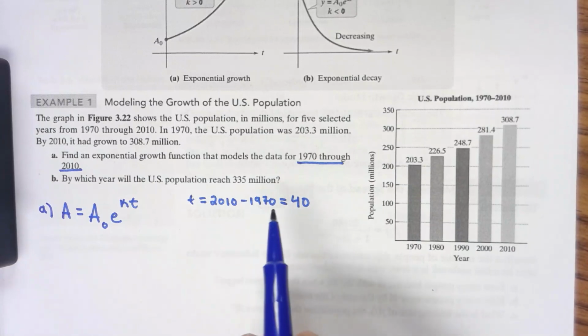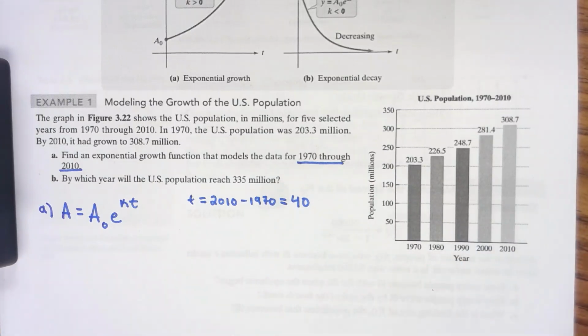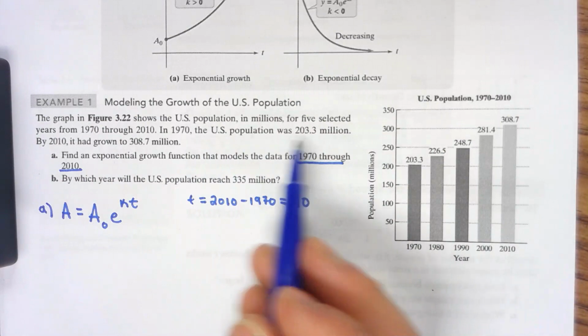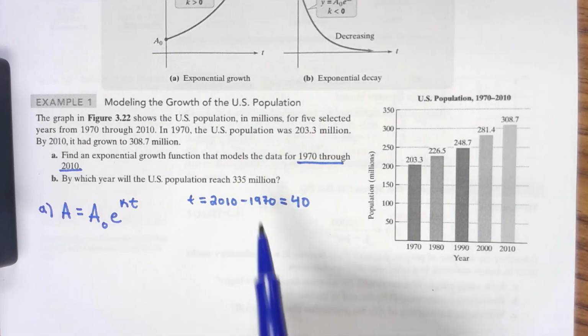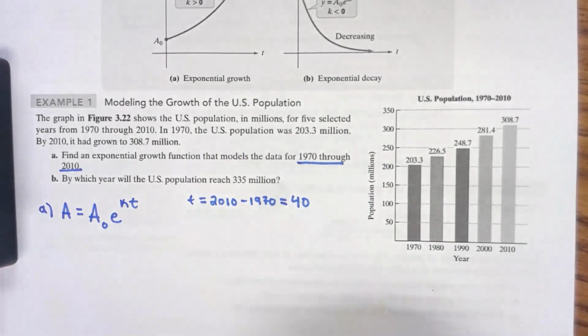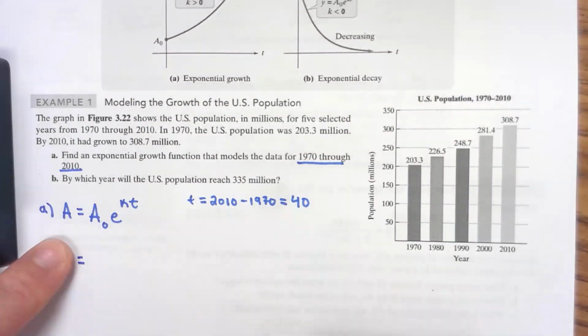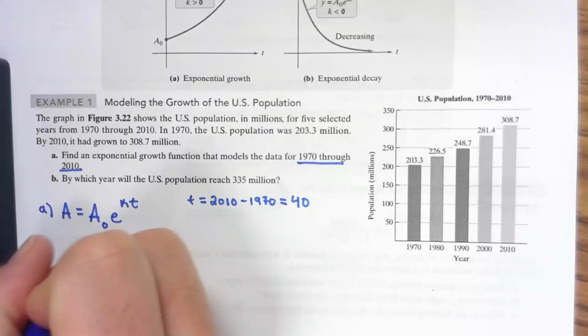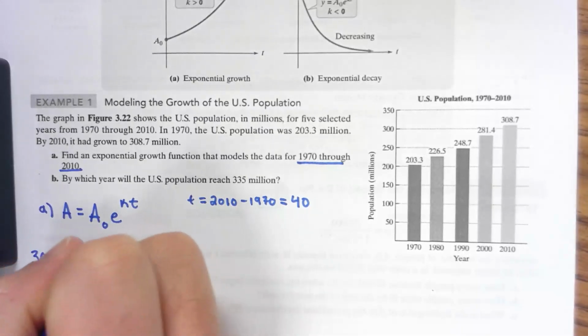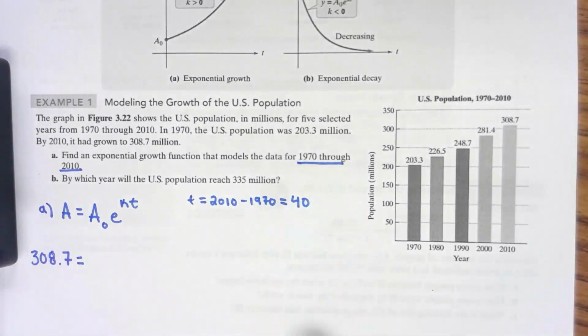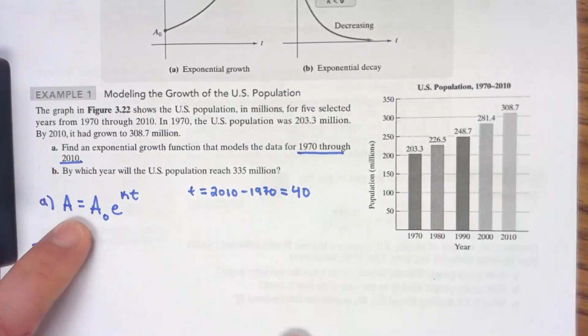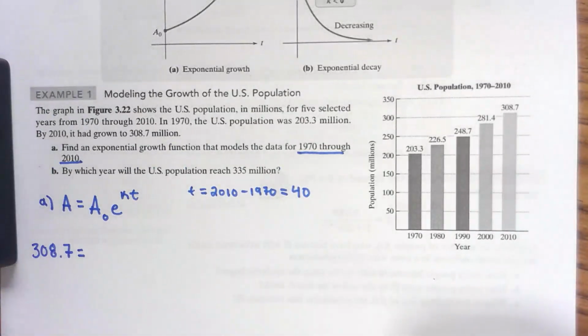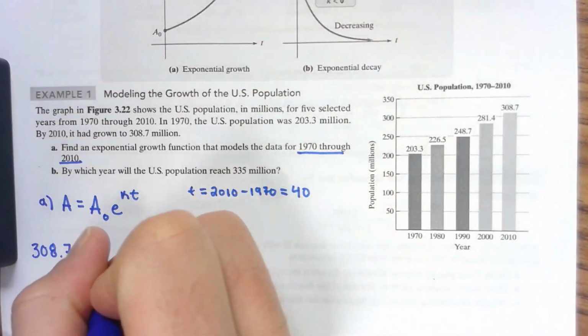And then we're going to want to use the actual populations in those given times. So after 40 years, the population, so that's in 2010, is 308.7 million. When we started measuring the population, that starting amount, or A naught, was 203.3 million.